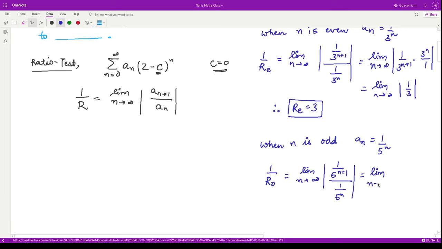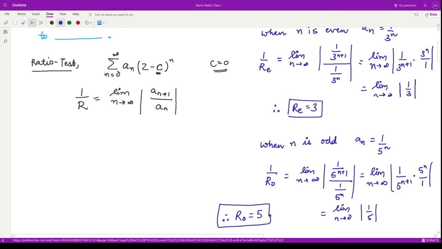That becomes limit n goes to infinity 1/5^(n+1) multiplied by 5^n. Solving this, again the terms cancel, this term is simply 1/5, and therefore we obtain r_o as 5. So when n is odd, the radius of convergence comes out to be 5, and when n is even, it comes out to be 3.